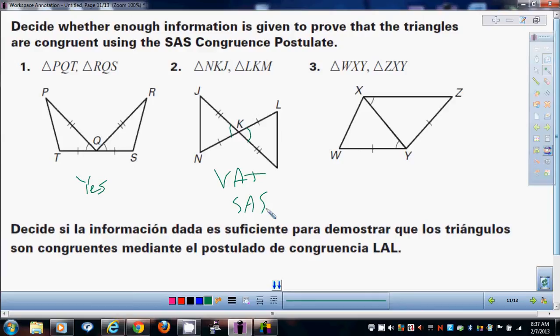Number 3. Darla, what do we think? Let me ask you this, Darla. Are they just laying on top of each other?